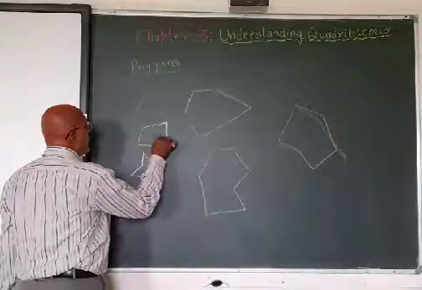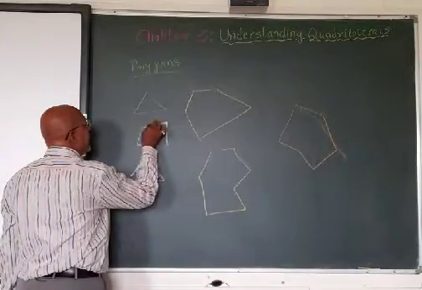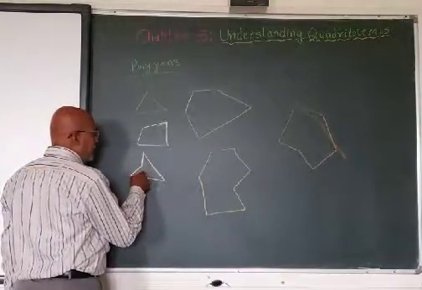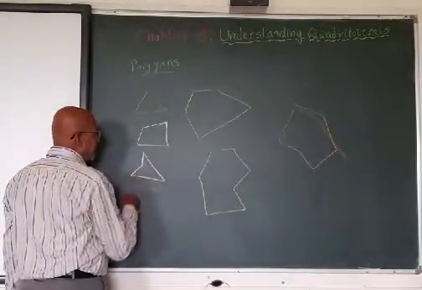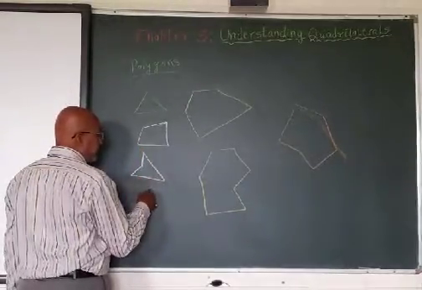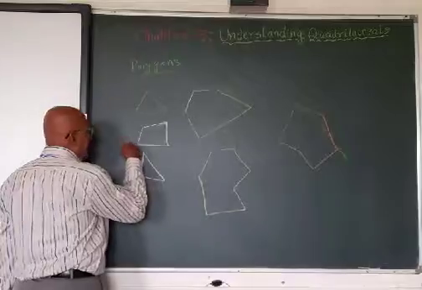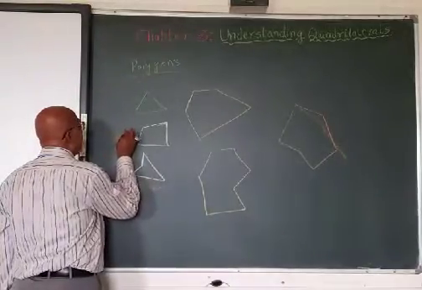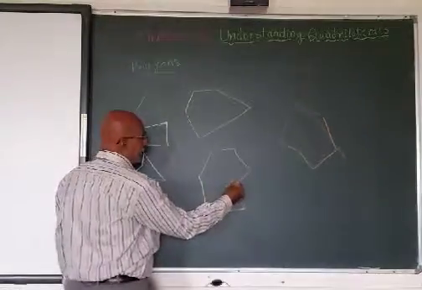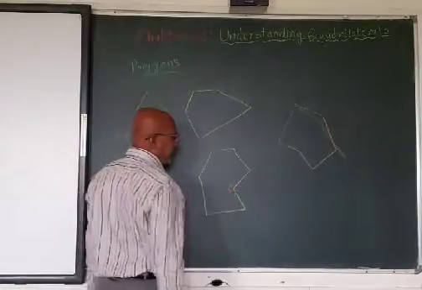This one angle is more than 180, but the rest are less than 180. That's why it is concave. But here all are less than 180, so it is convex.